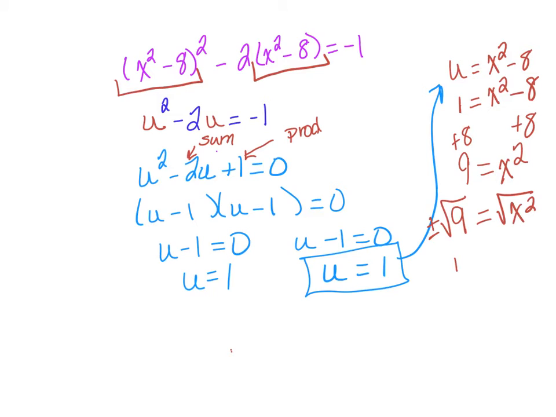So you've got to make sure you have plus or minus 3 equals x, because 3 squared equals 9, but negative 3 times negative 3 also equals 9. So you've got to make sure that you have both positive 3 and negative 3 as part of your answer.